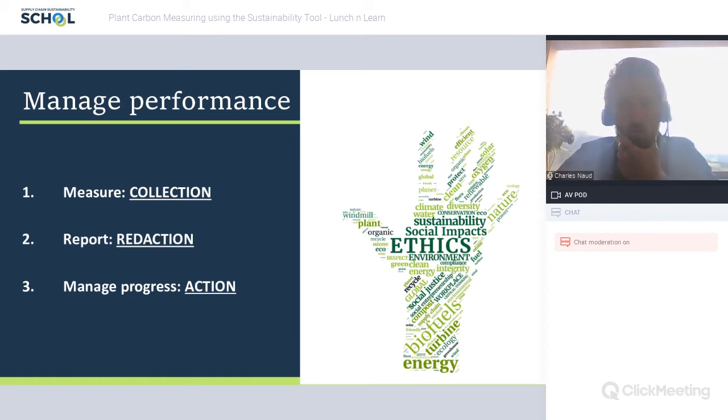One thing to note is that performance management for sustainability isn't just limited to environmental aspects, although we'll focus on that today. It can be across the board. You can manage performance for all your social and economic commitments as well.